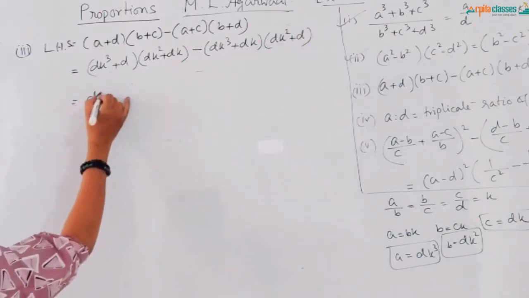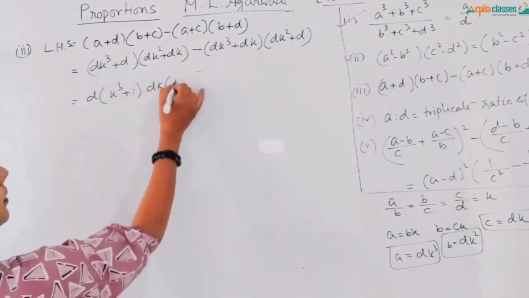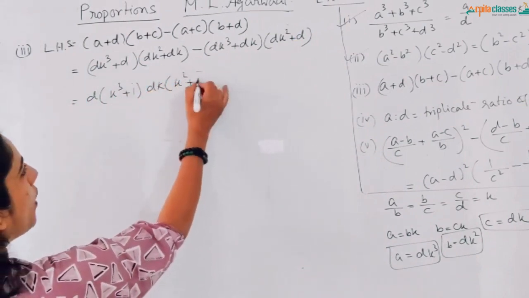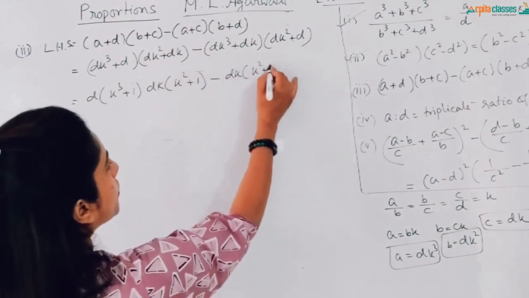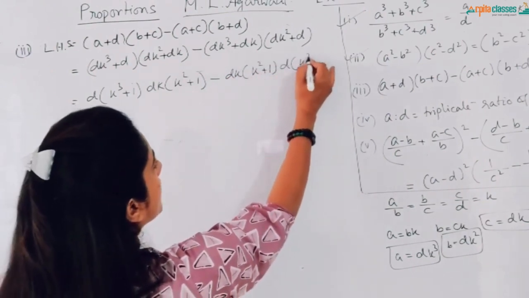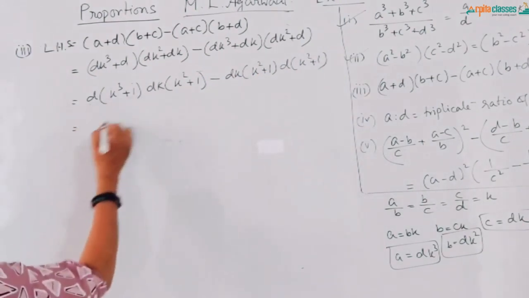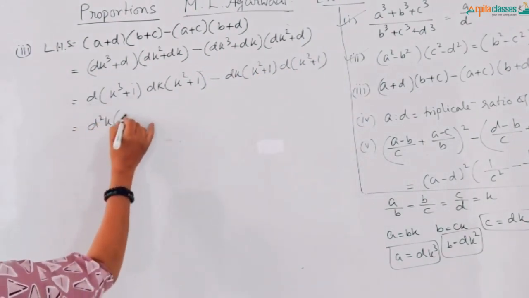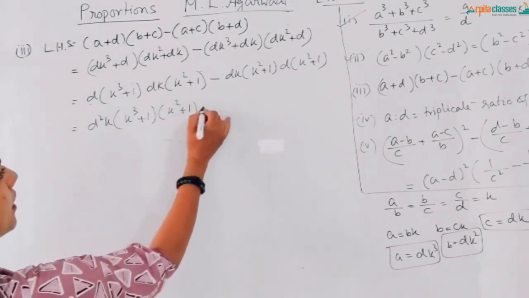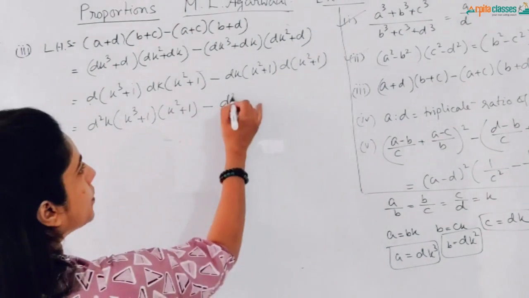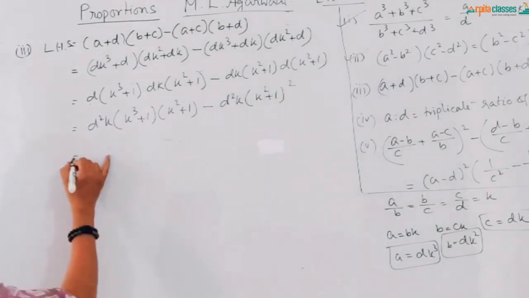Let us take common. Here it is d common, k³ + 1. Here dk common, so k² + 1. Minus here dk common, so k² + 1. D common, k² + 1. Now d into dk is d²k, and then you have (k³ + 1)(k² + 1) minus here also d²k(k² + 1)².